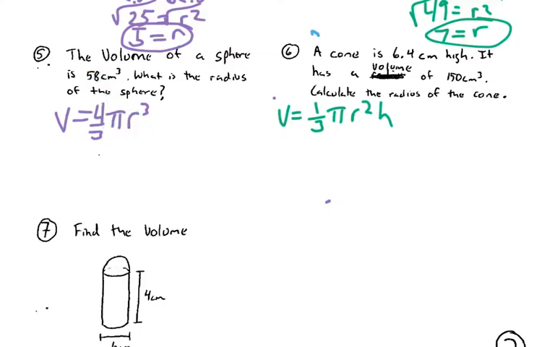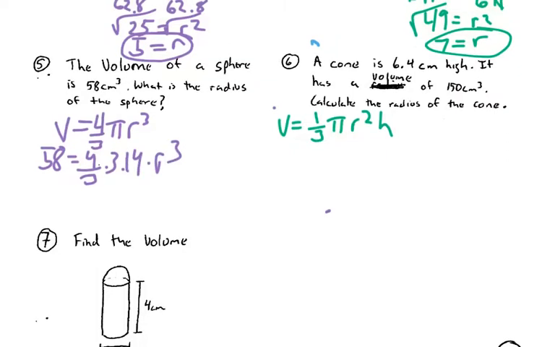Notice there's no, I'm sorry, there's no pi symbol in my volume, so I'm going to have to use 3.14. So let's go ahead and try that. So 58 equals 4/3 times 3.14 times r cubed. So 58 equals, well, 4/3 times 3.14 is 4.19 times r cubed.